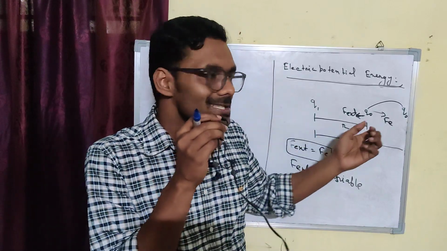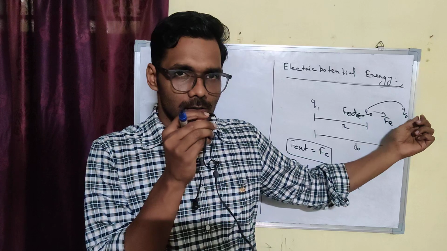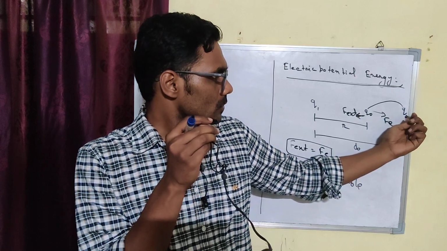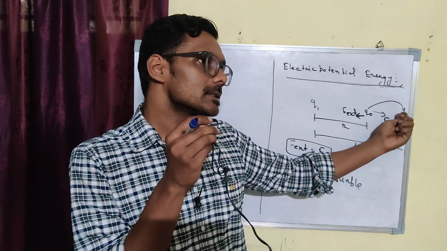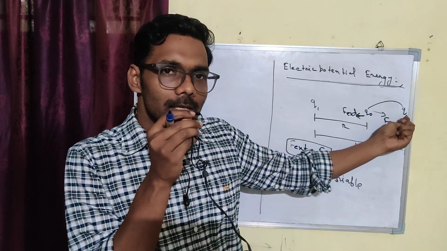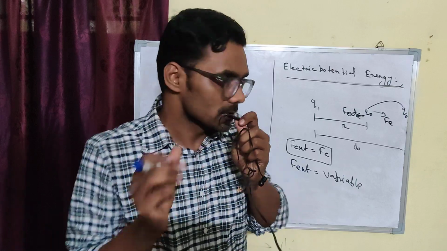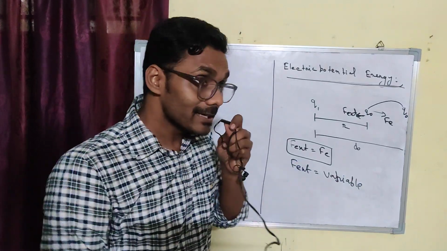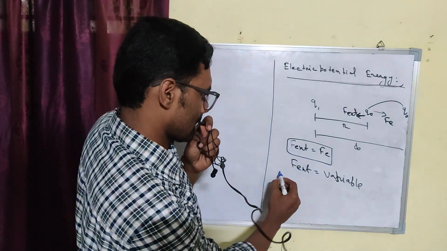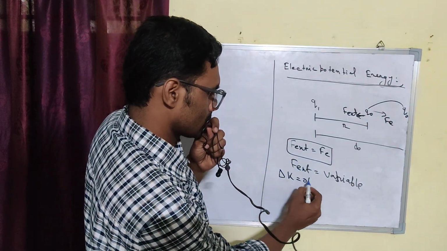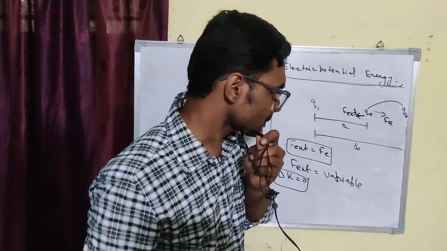Because when the test charge was at this point, the distance is large, so the force will be less, but when it is coming closer, the distance is small, so the force will be high, right? So this is variable. And the process is so slow that the change in kinetic energy will be zero. So these are some basic fundamental things related to this.